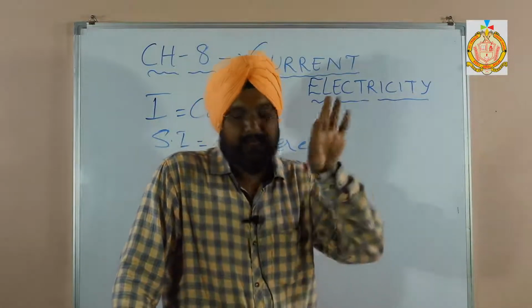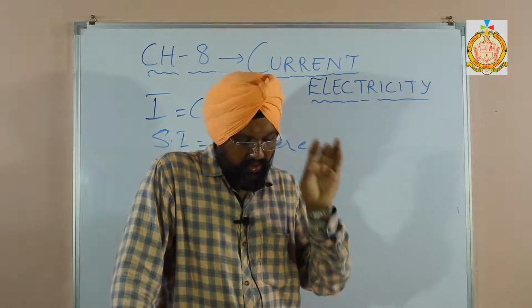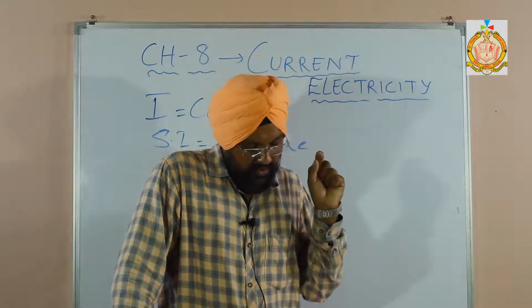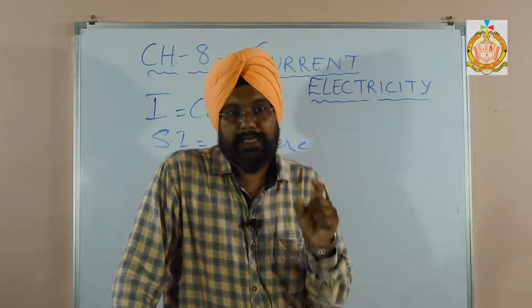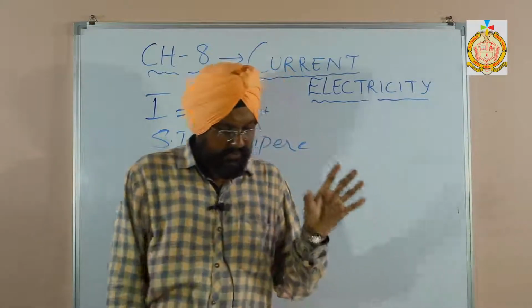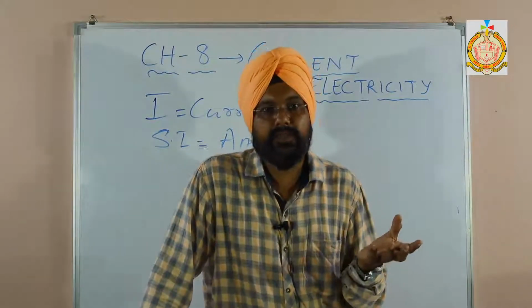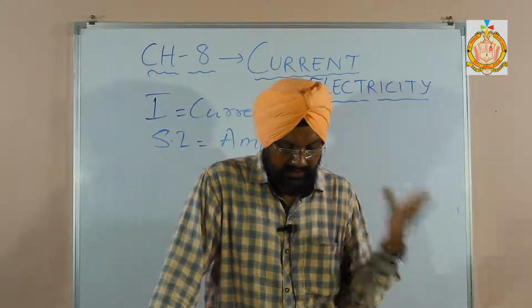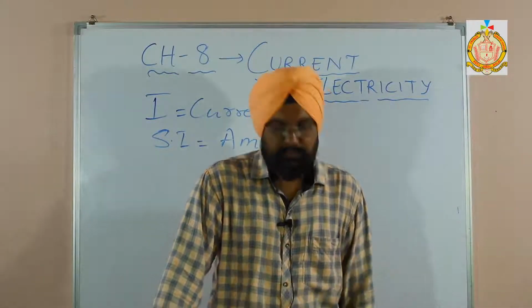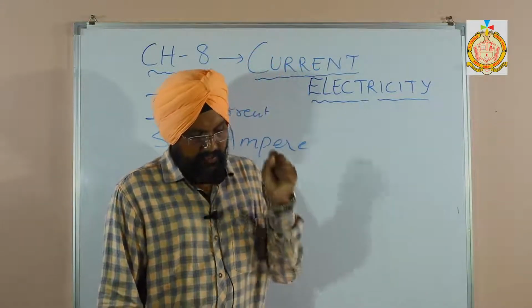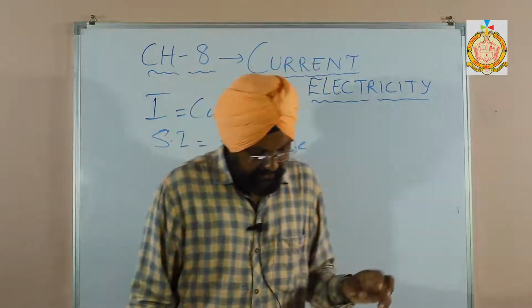You can write that in metal the moving free electrons constitute the current, whereas in an electrolyte or ionized gas, both positive and negative ions moving constitute the current.